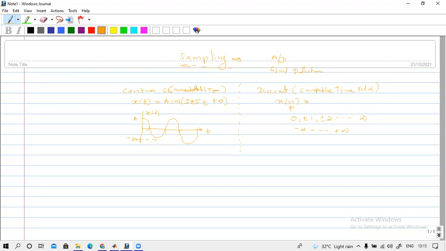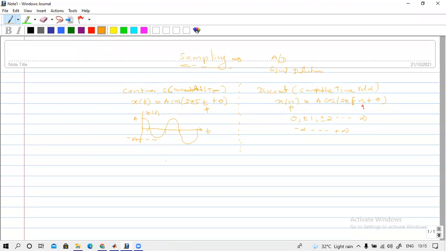We can represent this discrete sinusoidal signal as A cos(2πfn + θ). Here I will put simple f to denote the discrete frequency. Here instead of t, we have to put n, so this signal is with respect to n, not with respect to t.